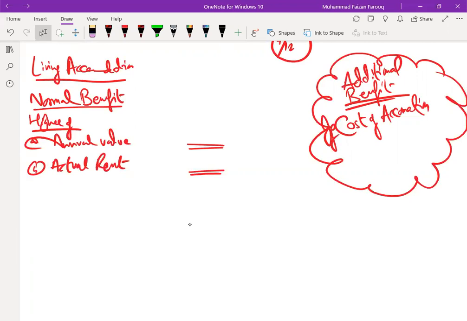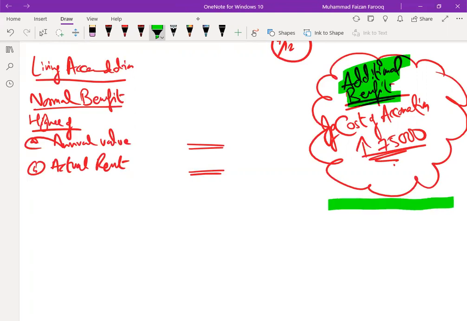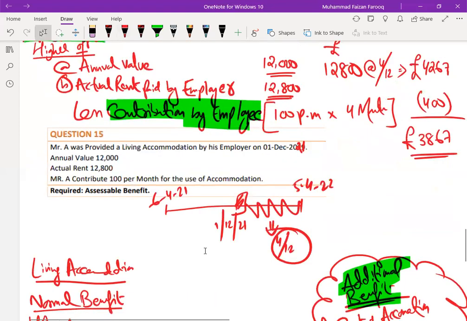If cost of accommodation is greater than 75,000, we are going to calculate one more benefit, we are going to do one more working, which is called additional benefit, and it will be like that: cost or market value minus 75,000. This is a formula you can say. In the last question, why didn't we calculate the additional benefit?